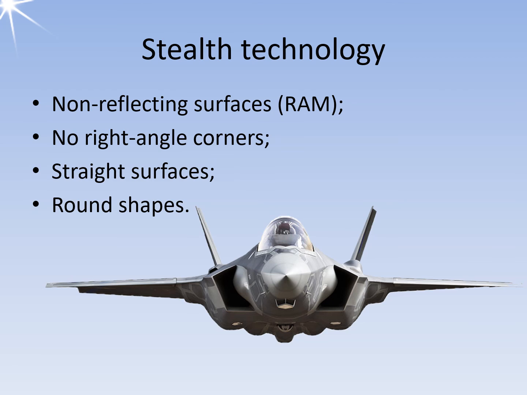The typical right-angled arrangements of reflective surfaces must be consistently avoided. The surfaces must be straight and scatter the incoming waves in a different direction than back to the illuminating radar. Minimizing shapes and corners: reflections are reduced using smooth, rounded shapes instead of sharp edges and points.